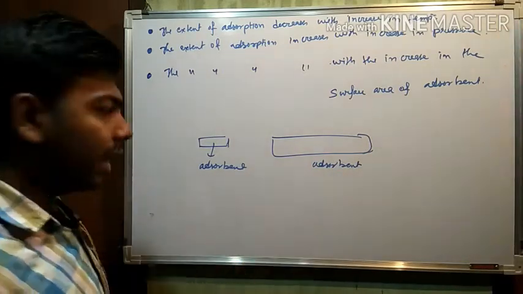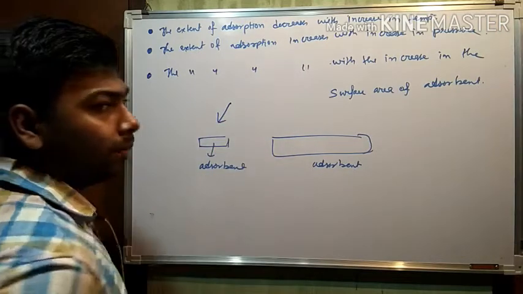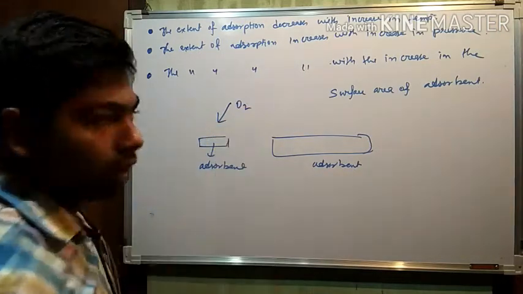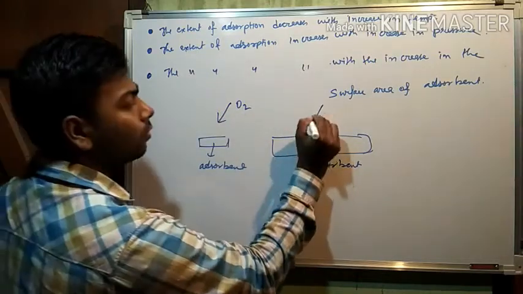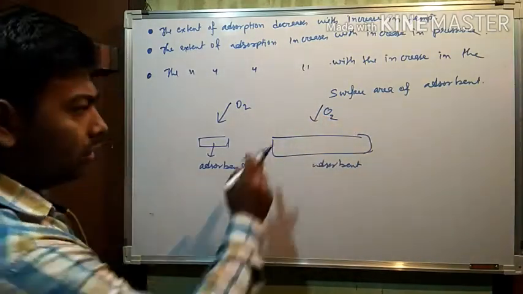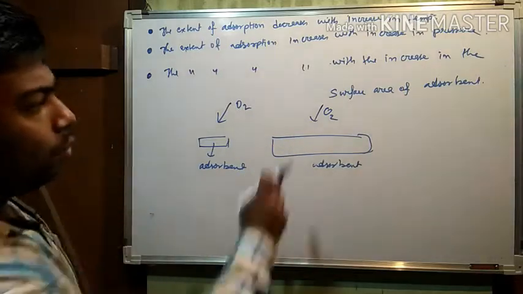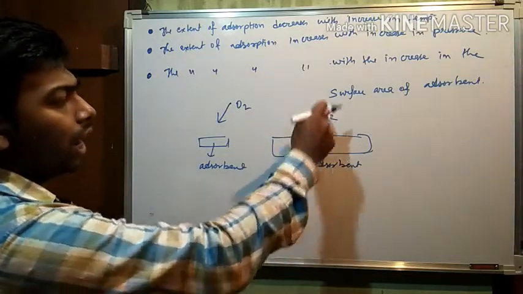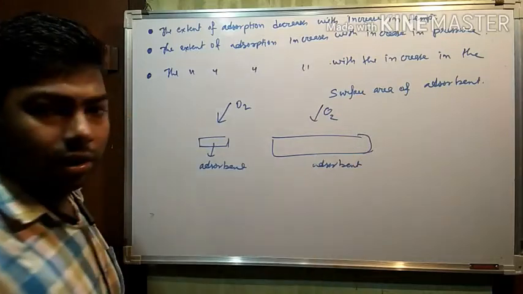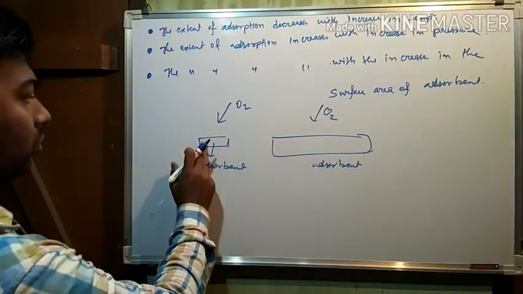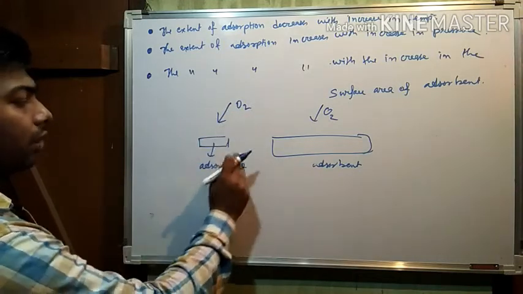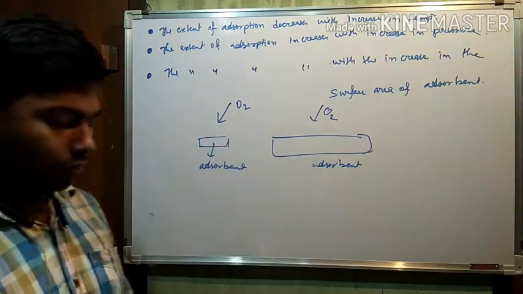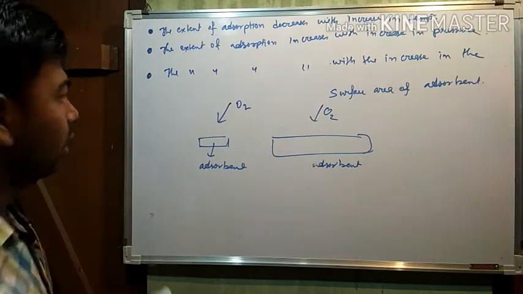Now if we are adding some gas as an adsorbate, then obviously, due to the large surface area, a greater number of oxygen molecules are adsorbed on this surface, no? But here, due to the smaller surface area, the adsorption of O2 is low. Okay? Next statement.